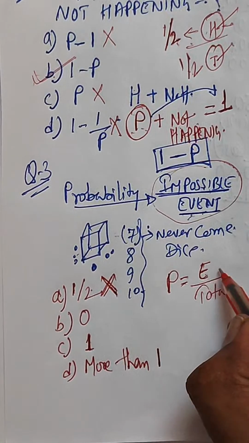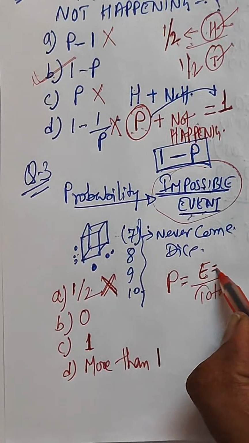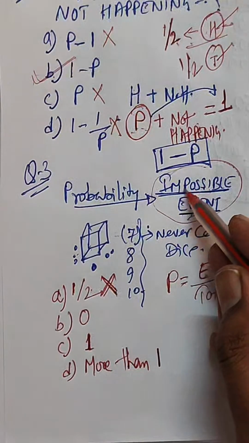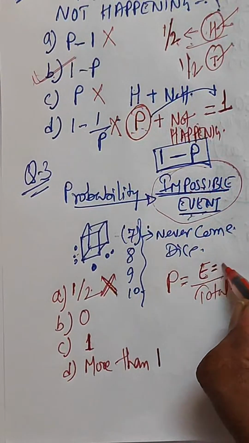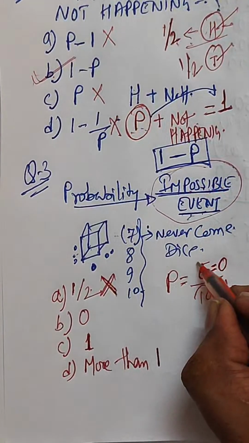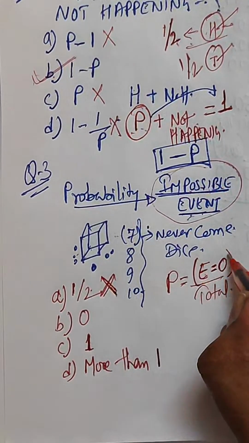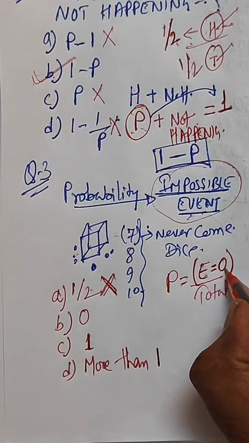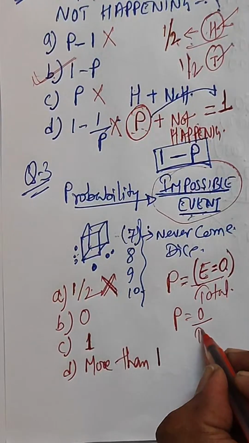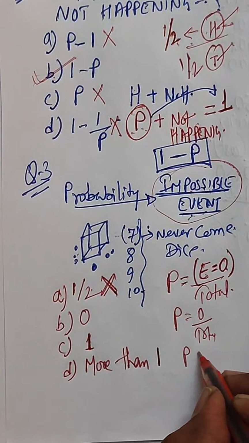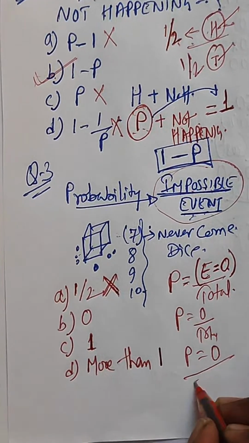So here it is saying that the event which is happening is an impossible event. That means the number of favorable outcomes is equal to 0 over here. So in the numerator, if the event count is 0, then probability is 0 by whatever the total is, so P equals 0, right?